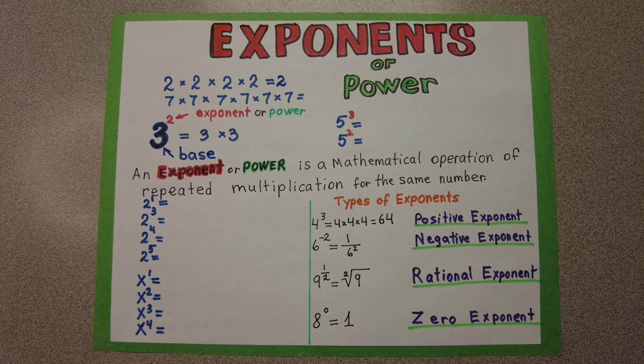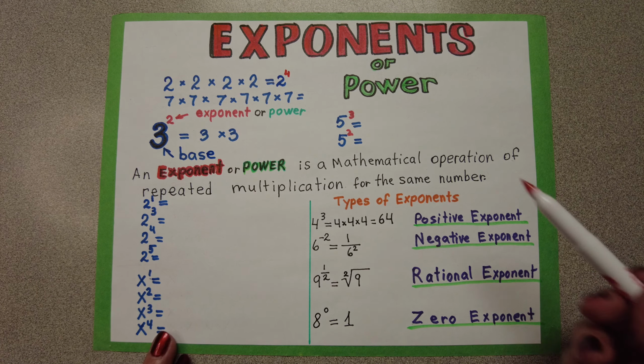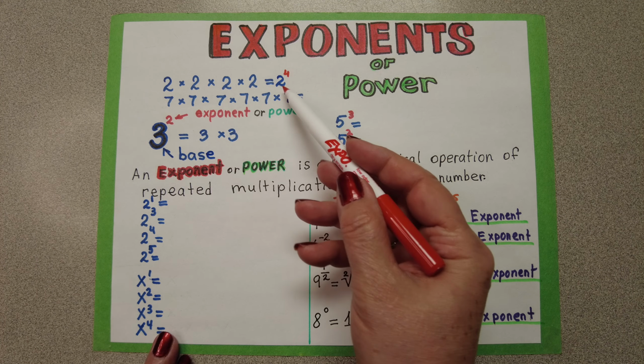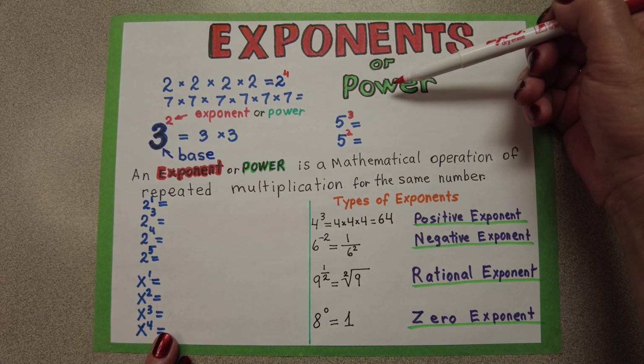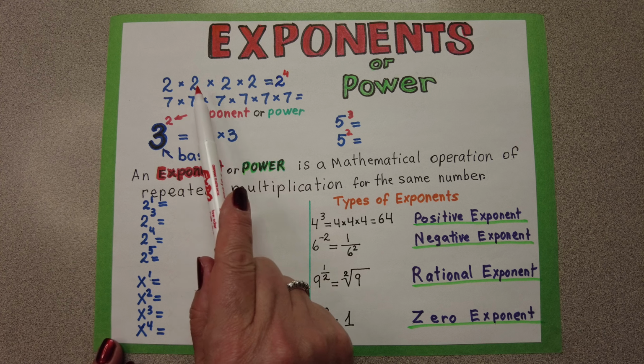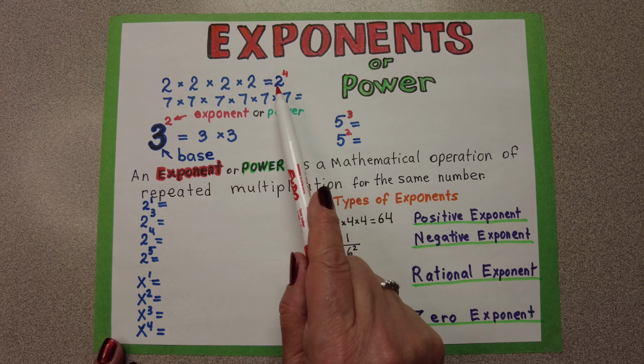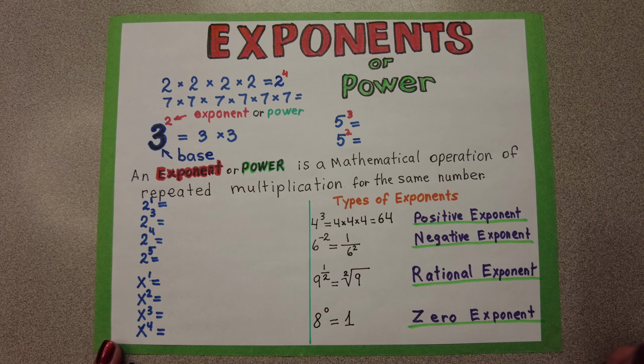So this 4 became the exponent. We read this as 2 to the power of 4, and instead of multiplying each time, we already know 2 to the power of 4 equals 2 times 2 times 2 times 2.